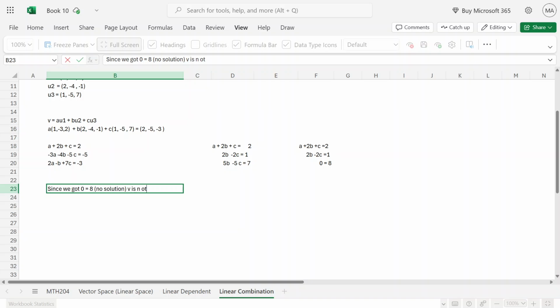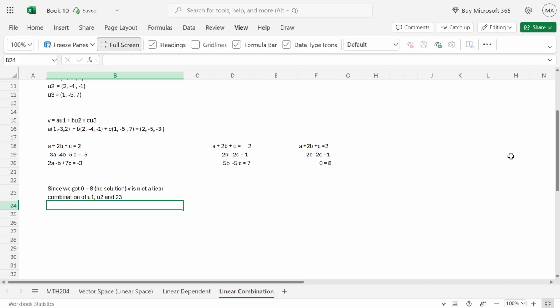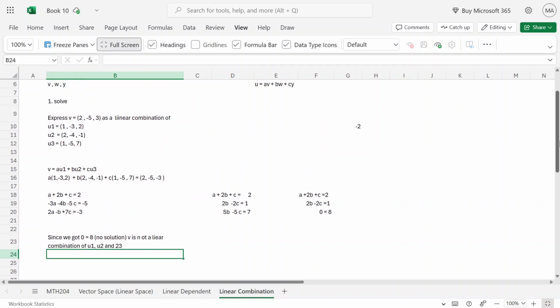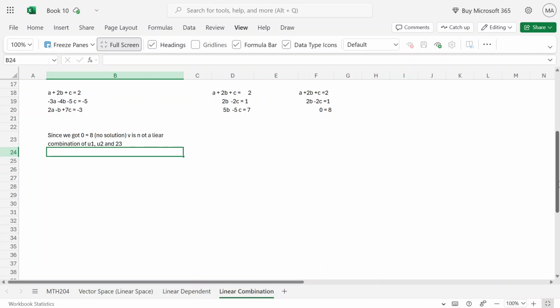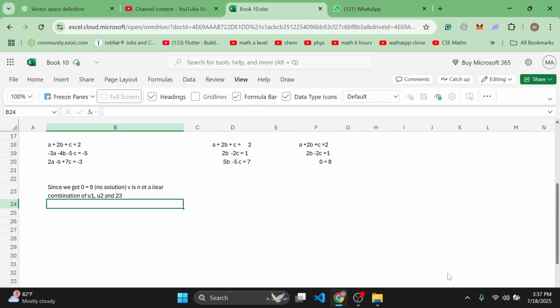V is not a linear combination of U1, U2, and U3. So that's the conclusion. Straightforward. So we have no solution. V is not a linear combination. So let's find a question where V is a linear combination of some vectors, and we can now solve it and see how it looks.